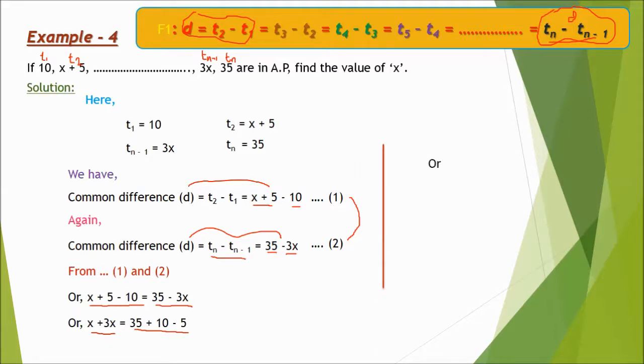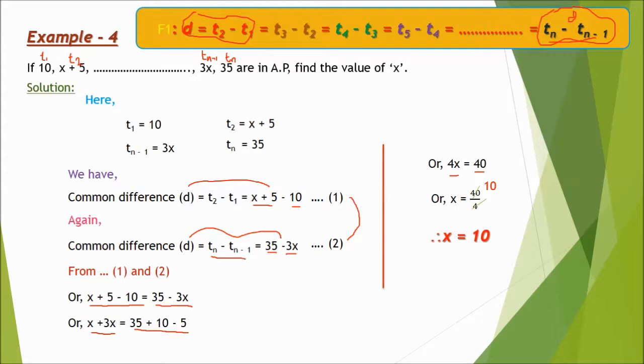So you can see 4x, this addition of 3x plus x, and on calculation the number is 40. Or x is equal to 40 by 4. We can cancel this. 4 1 is 4, 4 10 is 40. Therefore the value of x is equal to 10.